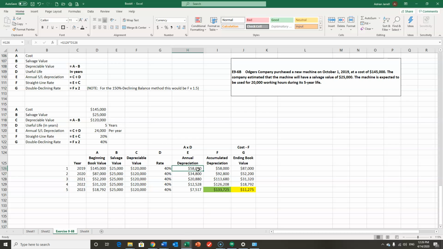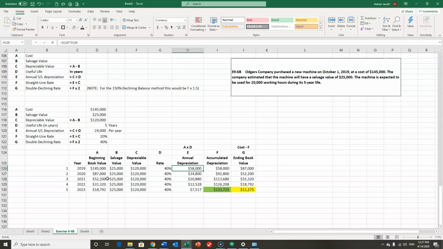So $58,000 worth of depreciation the first year, leaving an ending book value that year of $87,000. We use that $87,000 to do the computation for the next year. So 40% of $87,000 gives us $34,800 the second year, and the ending book value is $52,200.